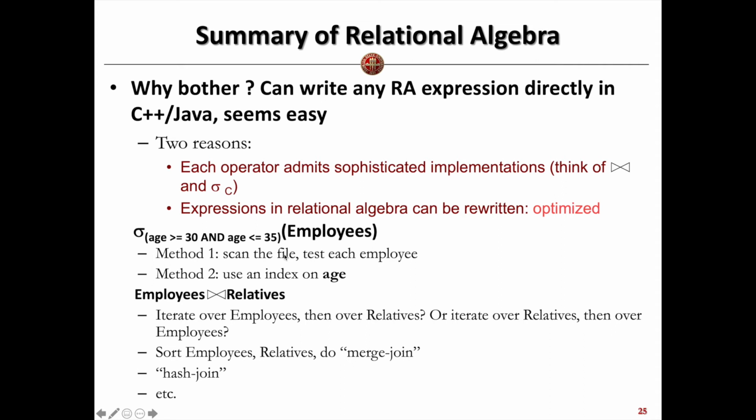Besides the selection, let's think about the join between two tables. If you plan to implement this operation in C++ or Java, the code you write can be very long and very complicated. You need to open two files, check all the rows row by row, and compare them against each other to find the common attributes, the join attributes, and further do the selection and the projection.